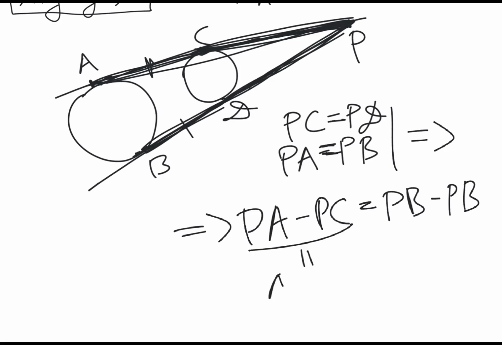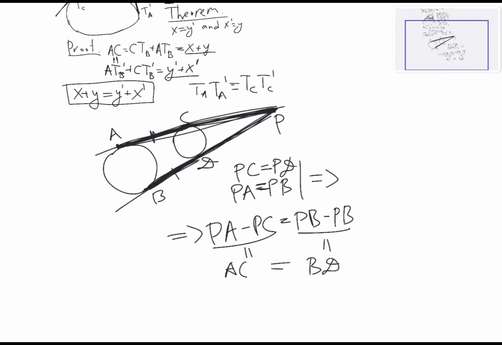This is equal to AC, and this is equal to BD, right? So then they're equal to each other. So the common external tangents between two circles are equal to each other. Okay, so this we can remove.